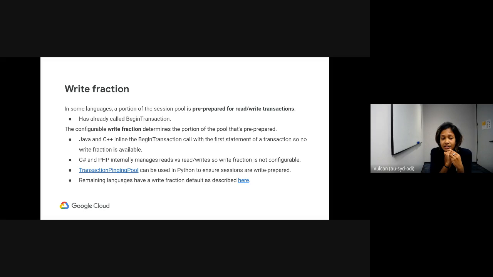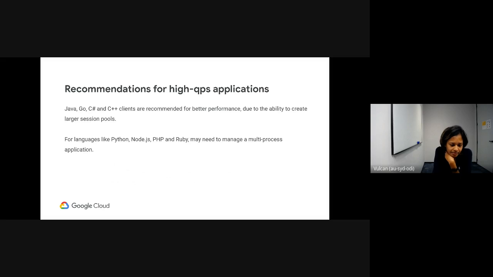Python has a transaction pinging pool, which ensures that the sessions are already prepared. And the remaining languages do have a write fraction, as linked to in this document here, and you can configure it to what you need it to be. So if you have a write heavy application, you might want to configure that.